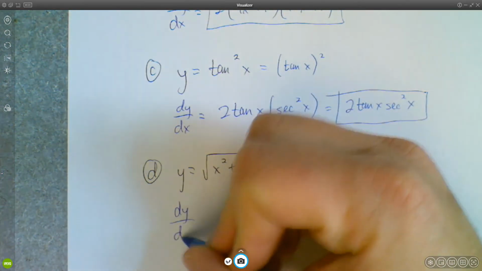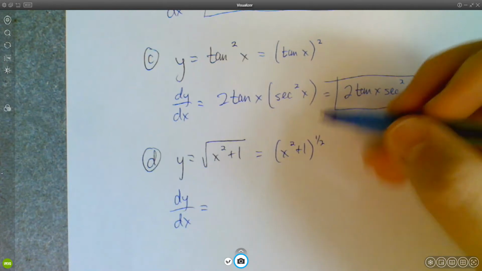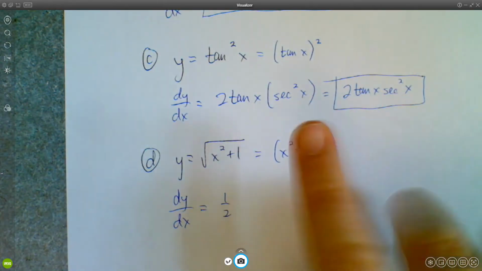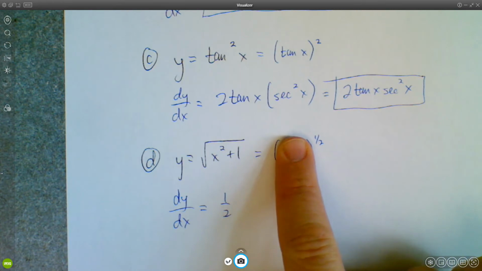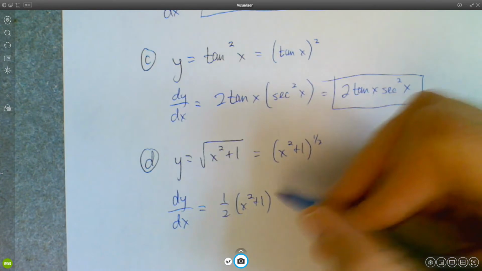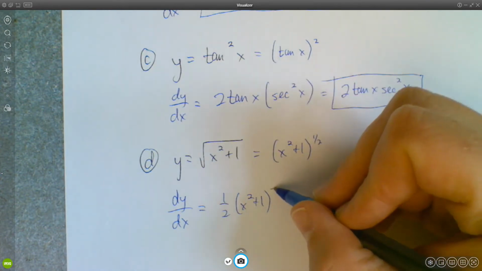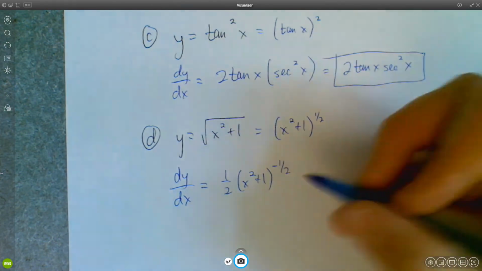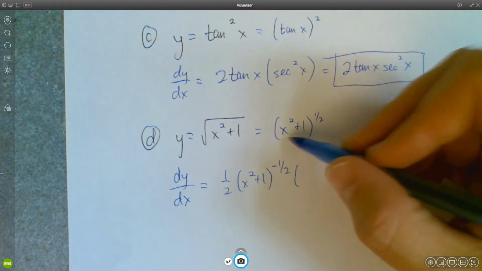It's not hard at all. So we take the exponent down. Again, I'm thinking of this as something to the 1/2 power. So you bring the exponent down and then subtract 1 from the exponent. So this is going to be 1/2 times x squared plus 1 to the 1/2 minus 1, which is negative 1/2. And then we have to multiply that by the derivative of the inner function.